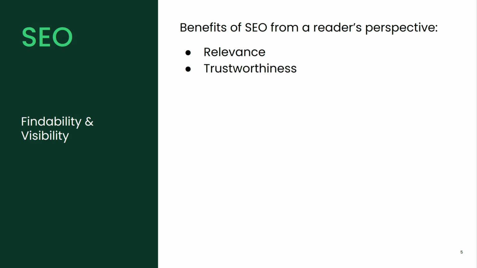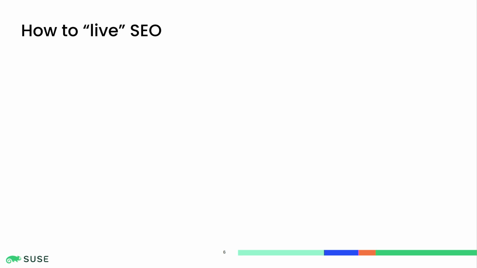It's trustworthy, so you get the documentation that best answers your question. It's about accessibility. You expect our documentation to be on page 1 of the Google results. And that, in fact, gives you a great user experience. This may sound trivial, but it's not that easy to achieve.